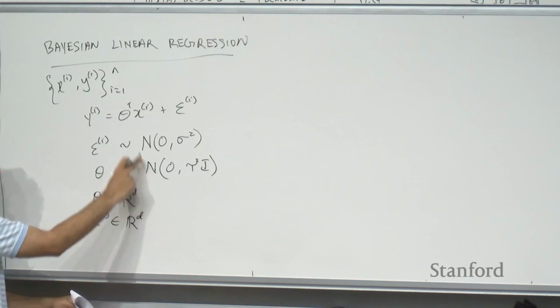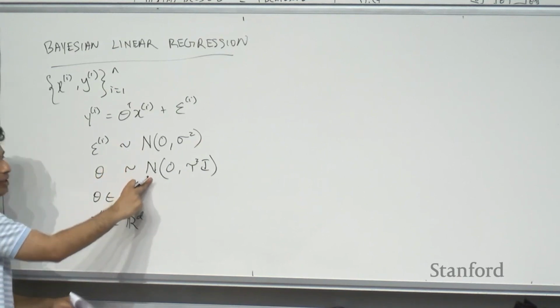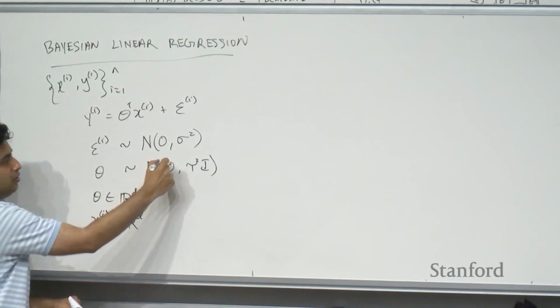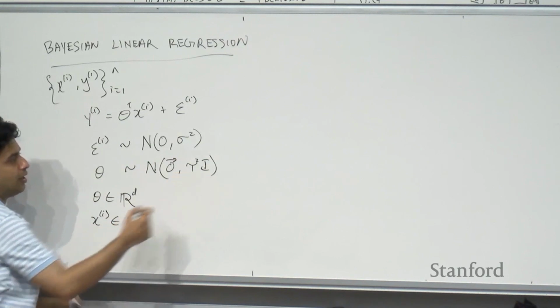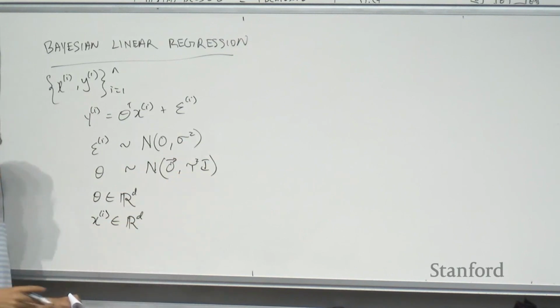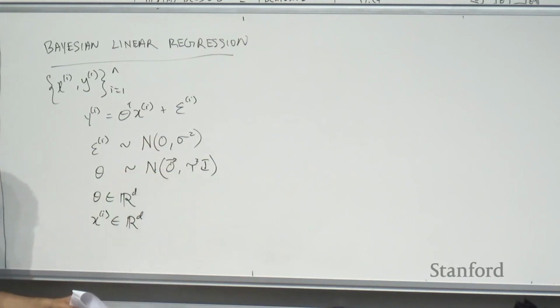So this is a normal distribution, but the multivariate Gaussian distribution, where 0 over here is a 0 vector, and tau square I is a covariance matrix, which is in this case a diagonal covariance matrix where the diagonal values are tau square. Thanks for asking that.